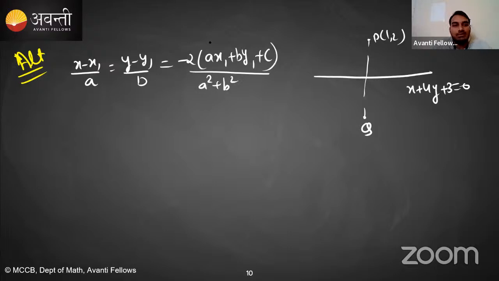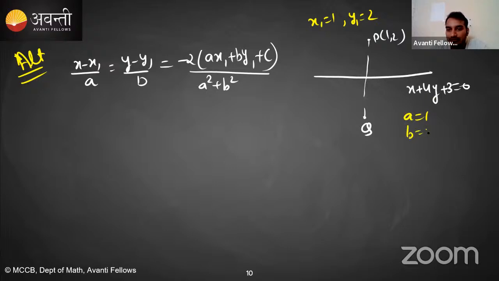Is this clear? This is the formula. What is x1, students? x1 is 1, y1 is 2. x1 comma y1 is nothing but the coordinates of the point P whose image is required. And what is A? A is the coefficient of x, which is 1. What is B?